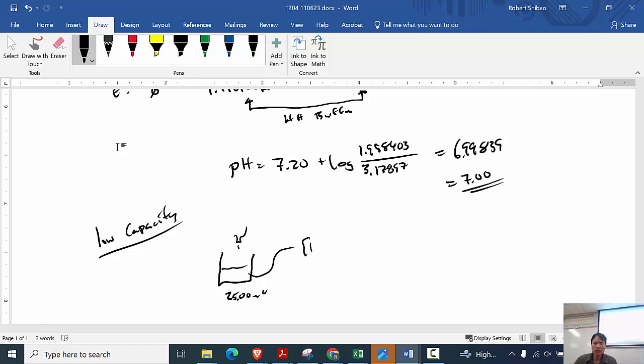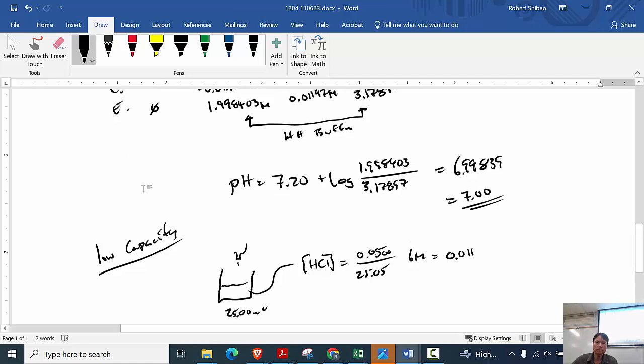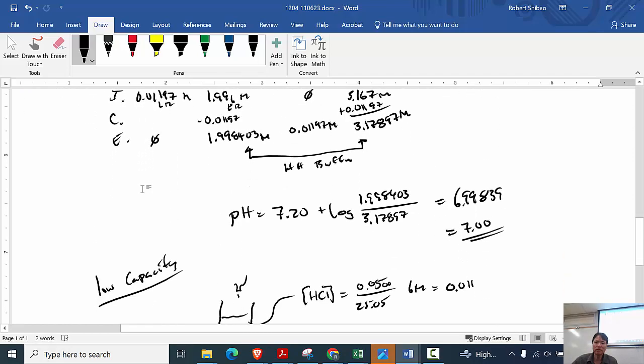And so let's calculate the solution dilutions here. HCl is going to be a 0.05, 1 drop. And I'm going to carry extra sig figs just so you don't have to worry about it. And it's still 6 molar, so it's still going to be 0.01197 molar.